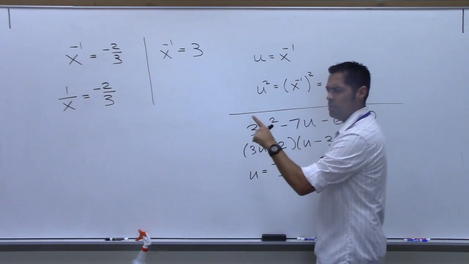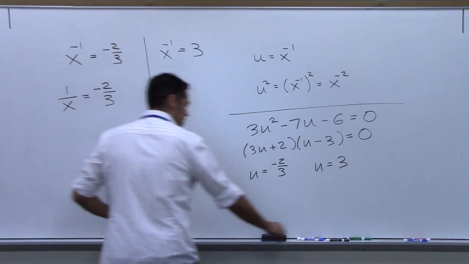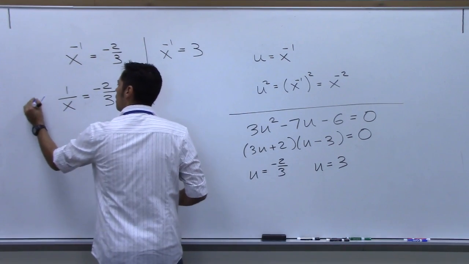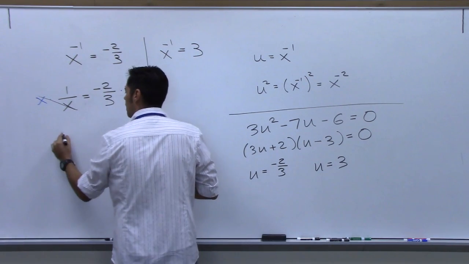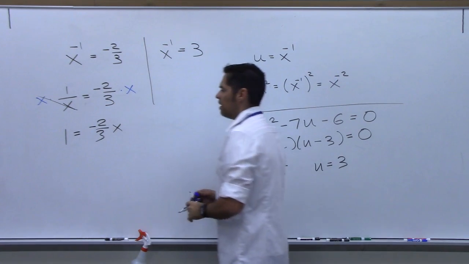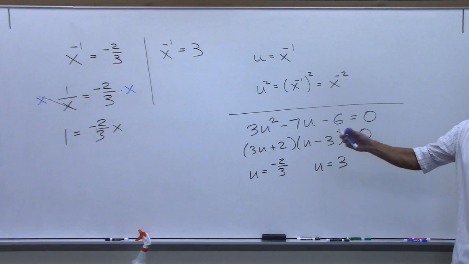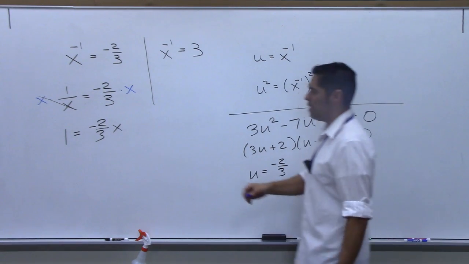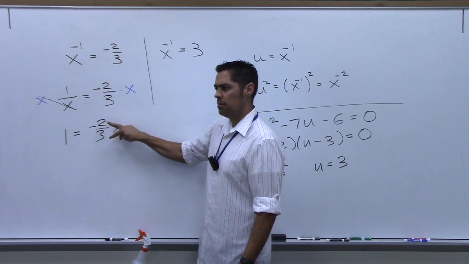So at that point, what did you do here? You multiplied x on both sides. So if you multiply the left side by x, and the right side by x, then you just get a 1 here, and then negative 2/3 x, and that's a linear equation, right? And to get x by itself, you could just multiply both sides by what? The reciprocal of this, right?